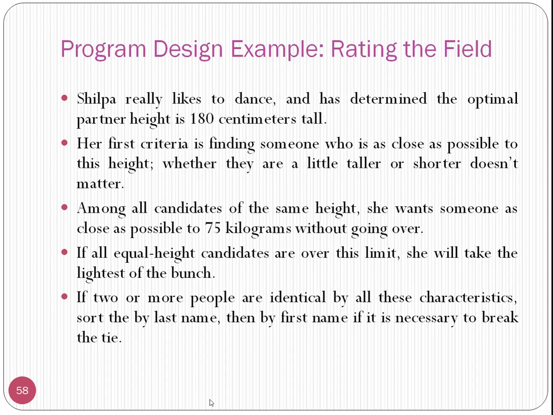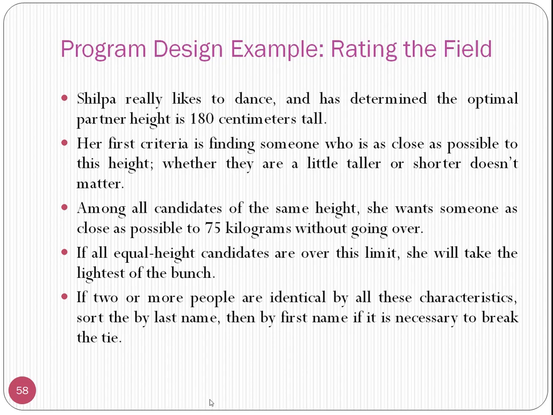And if all these parameters are identical, that means 180 centimeters height and both have 75 kilograms weight, two candidates in a tie, then she will sort them by their names.